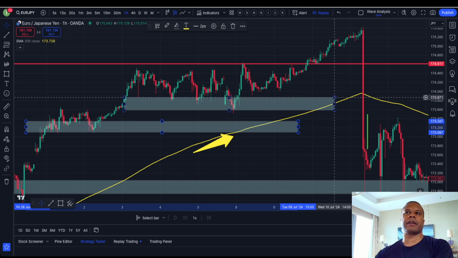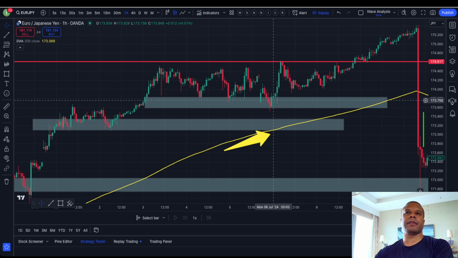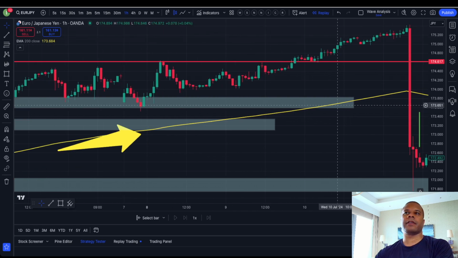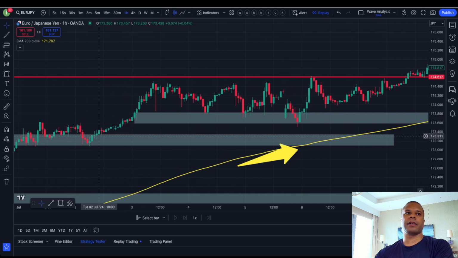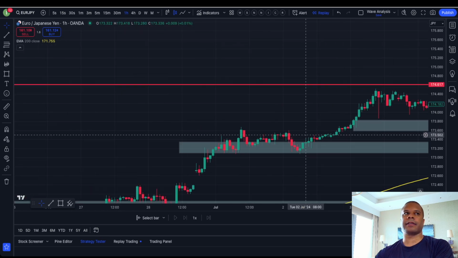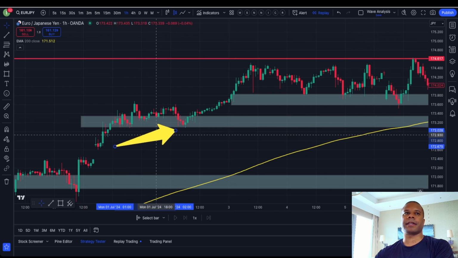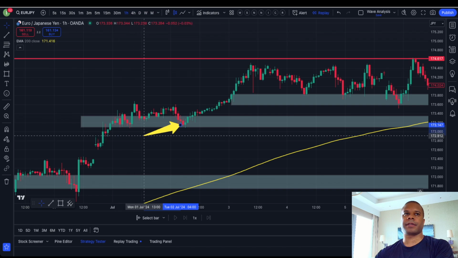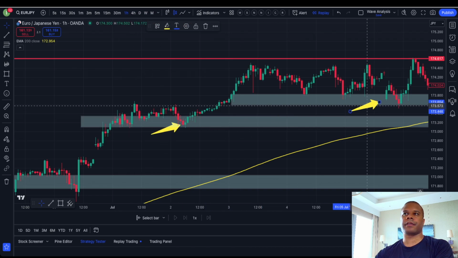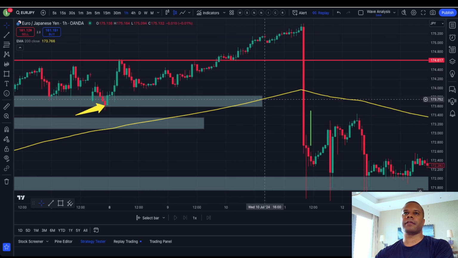So I'm looking at that first bullish candle, right? A lot of times you see it engulfing from that previous red candle, and you'll see it break the zone, right? And so these are my supply and demand zones.